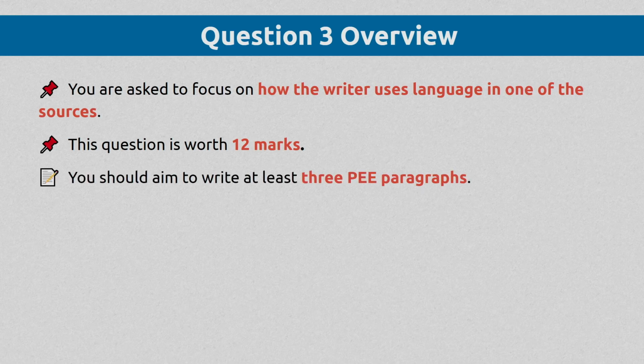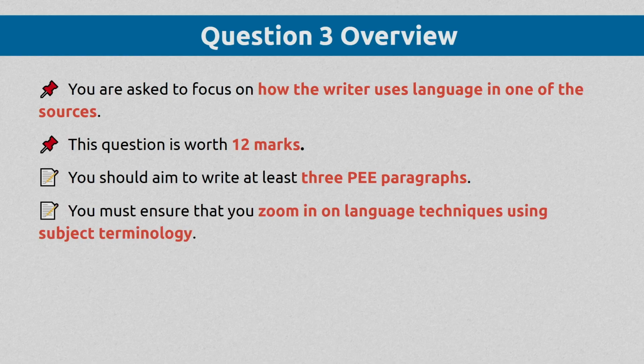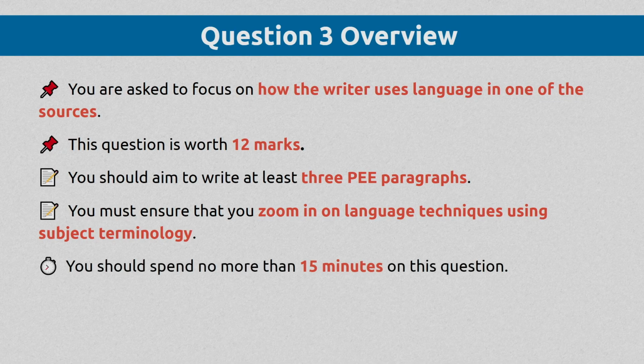Now I would suggest that you should aim to write at least 3 PEE paragraphs for this question. And crucially, you must ensure that you zoom in on language techniques using subject terminology, and then talk about the effect of those techniques. With regards to timing, you should spend no more than 15 minutes on this question.